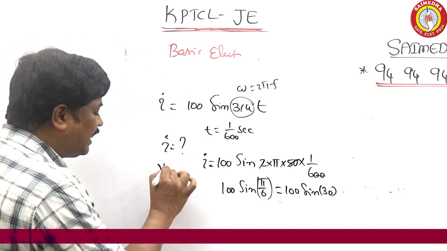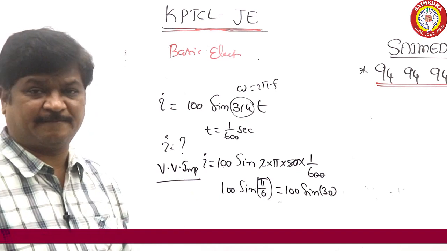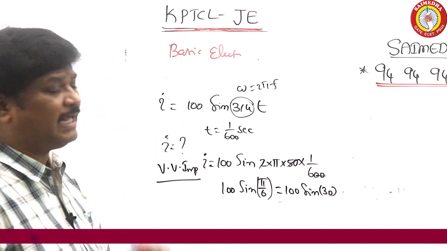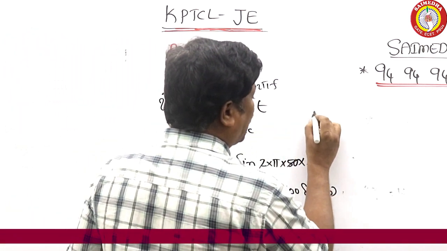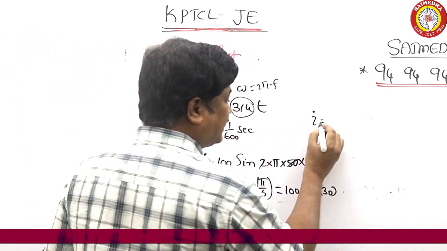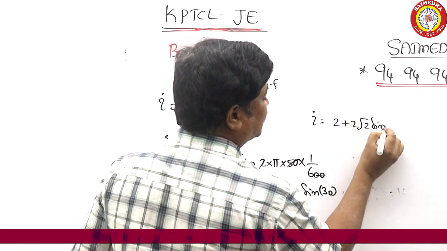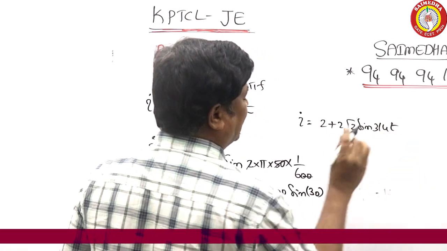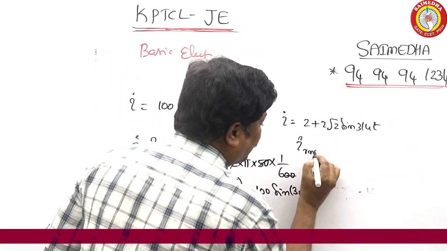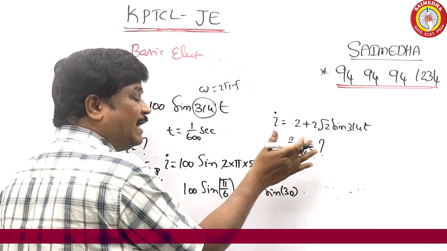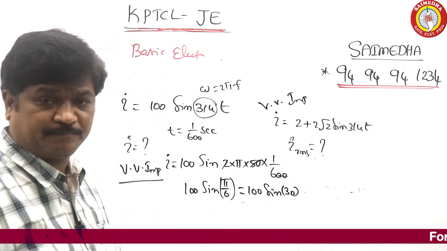Like this, very, very important questions we can see from the AC fundamentals. Sometimes the examiner will ask I is equal to 2 plus 2 root 2 sin 314t. The current is like this, and we have to find the RMS value of the current. I won't explain it now, but it is a very, very important question.